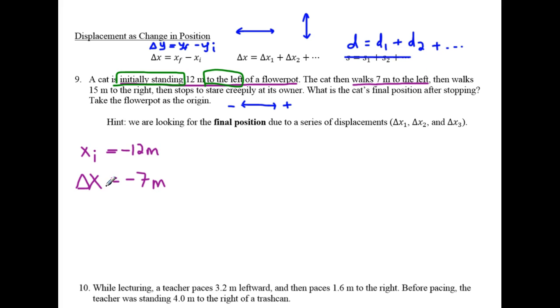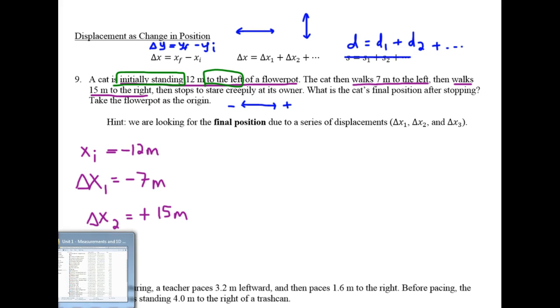This is the first displacement of 2, we're going to see. There's another displacement coming right after, so it's kind of a sub-displacement. Then the cat walks, that's displacement, 15 meters to the right. So there's another displacement that occurs. It's 15 meters, and it's to the right, so I'm going to make this positive.